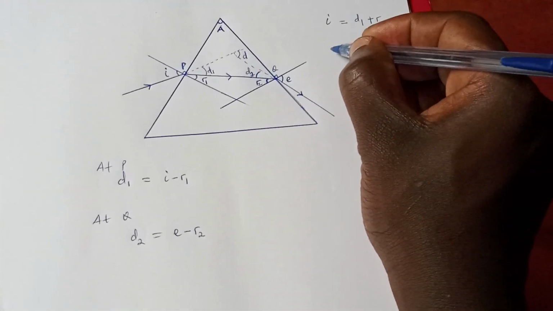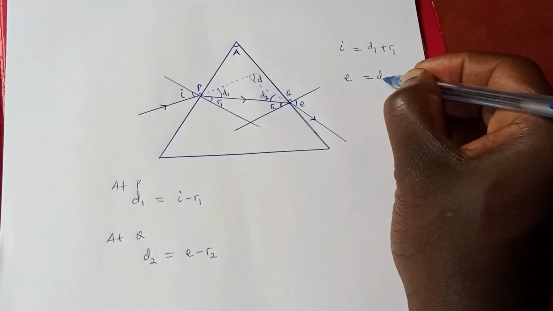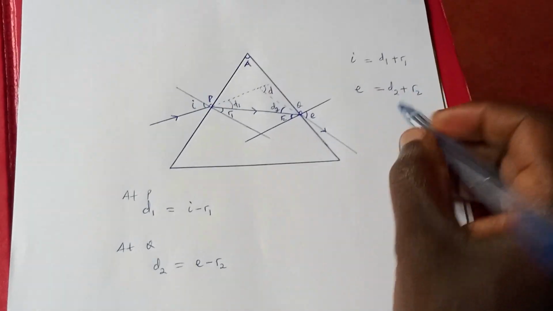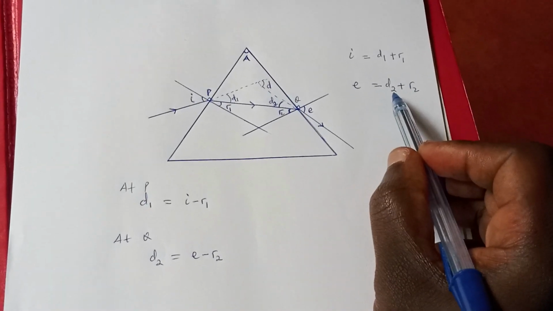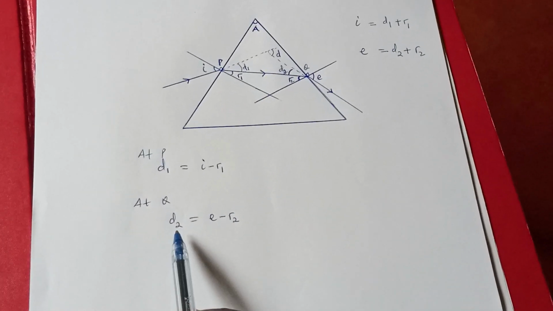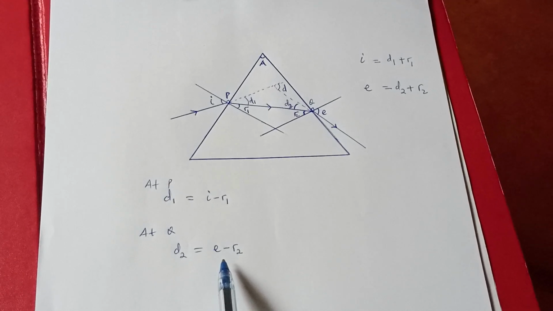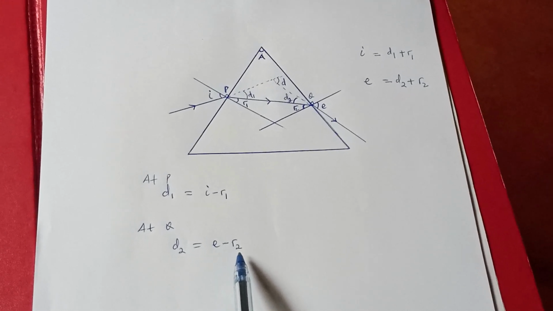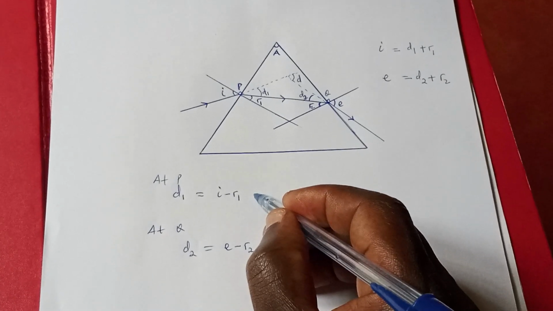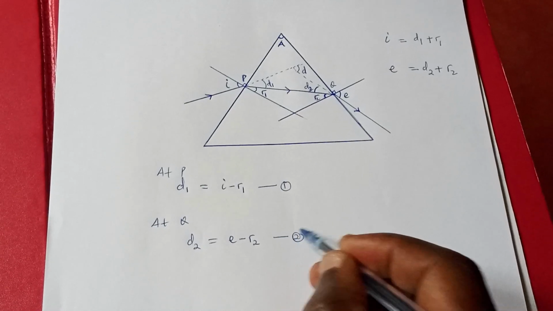E equals D2 plus R2. Now when you make D2 the subject of this formula, we shall have D2 equals the angle of emergence E minus R2. So we can call this one equation 1, call this one equation 2.